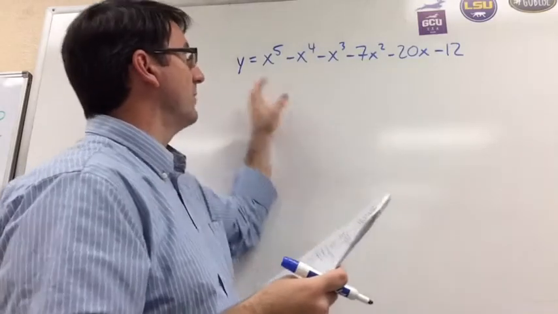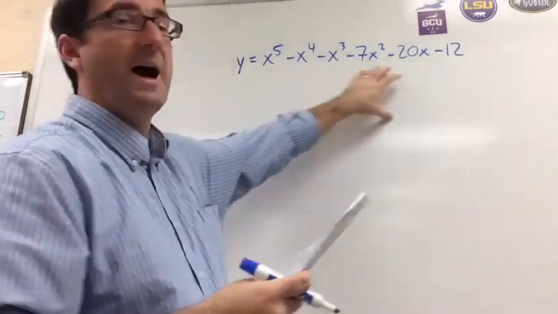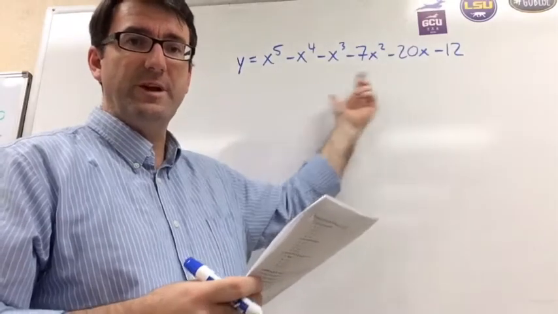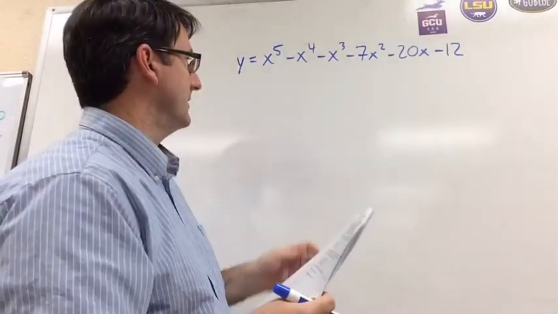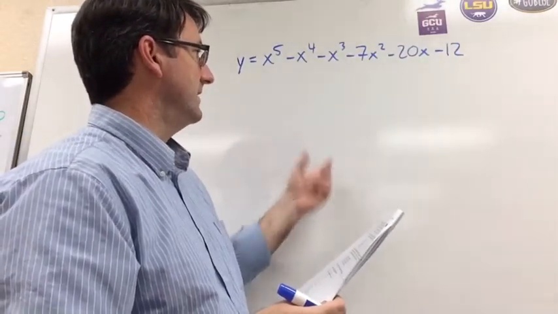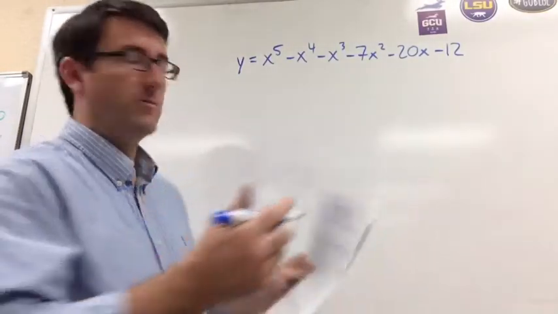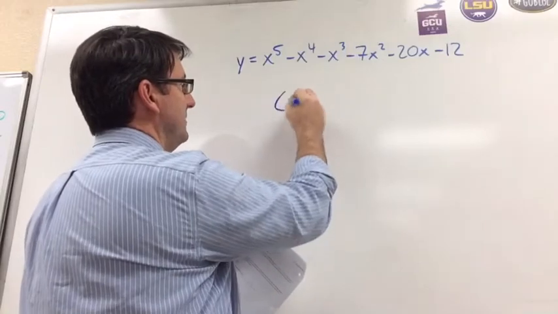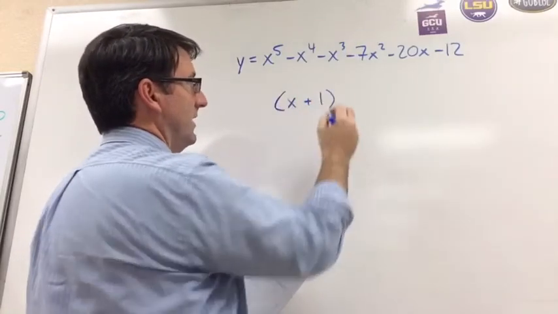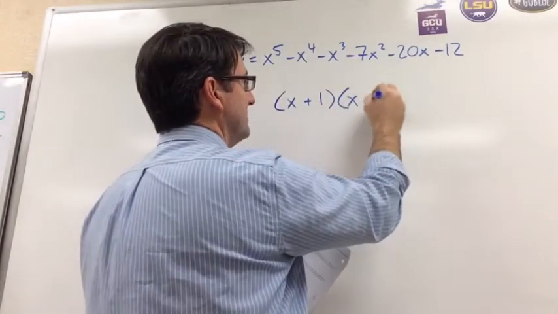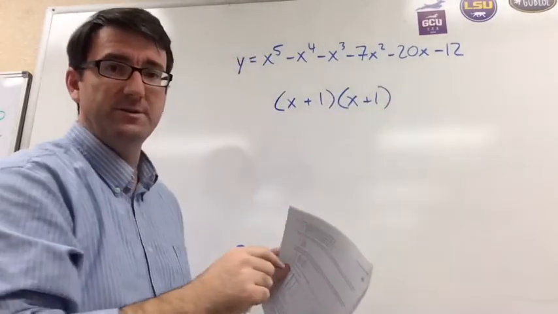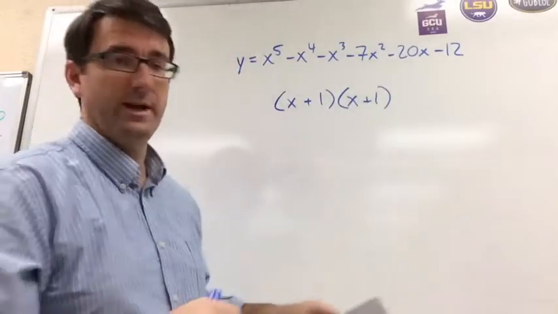All right. So what we're going to do is divide out those 3 factors that we know we have, because if x equals -1, then we know one of the factors is going to be x plus 1, and another factor is going to be x plus 1, because those are going to give us our 2 zeros of -1 and -1.